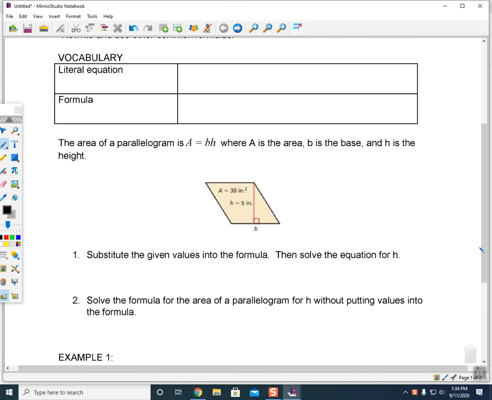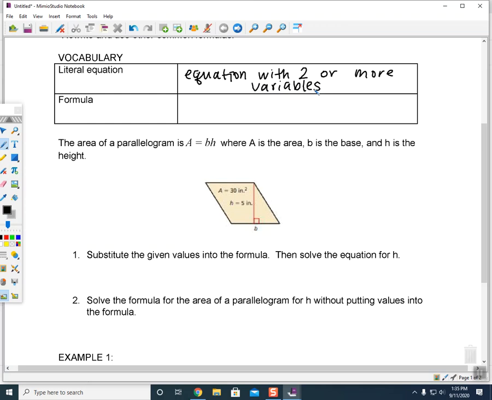So, couple vocabulary words. A literal equation is just an equation that has two or more variables. The easiest example of this that I can think of is just the equation of a line, right?